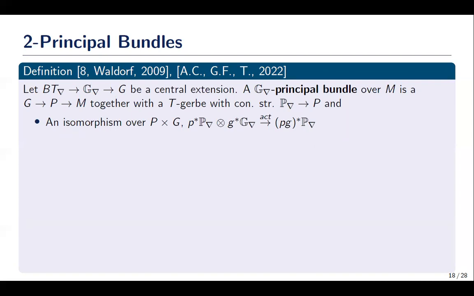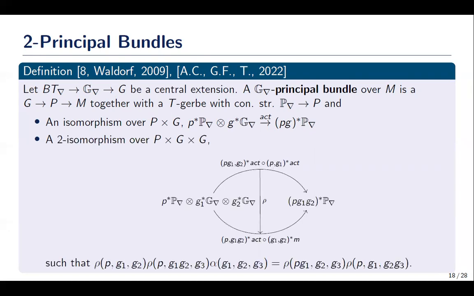So how do I define an action? Well, in the same way that the group operation was an isomorphism of Chern, I can define the action to be an isomorphism of Chern. And in this case, it's going to be G acting on P, right? So that's the kind of thing that you want to write. And since you want this to be an action, you have to impose that if you act 2 times, it's the same as acting with the product. So now you have another diagram of this form.